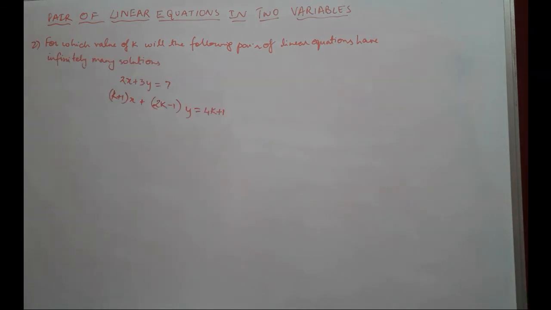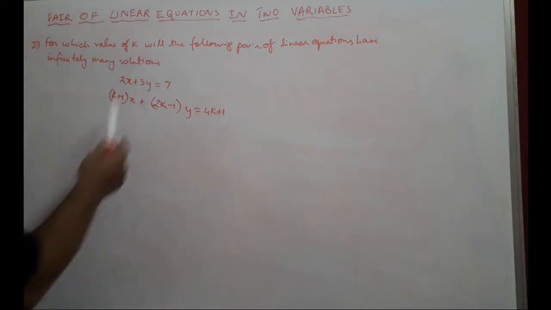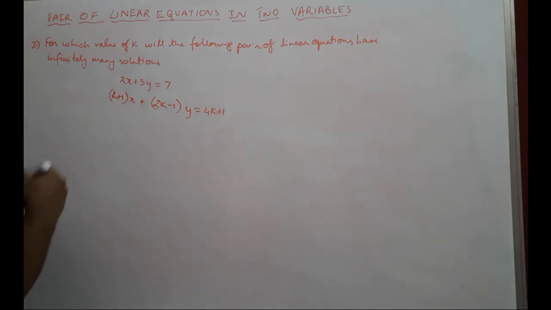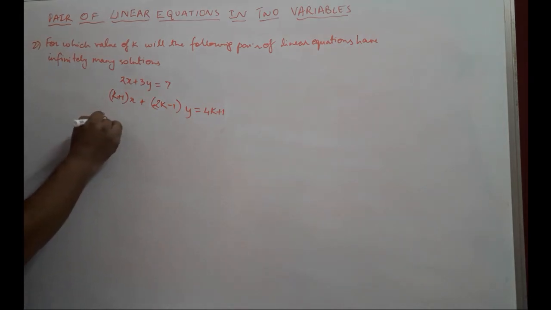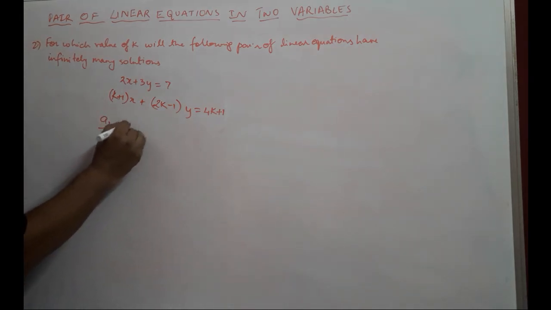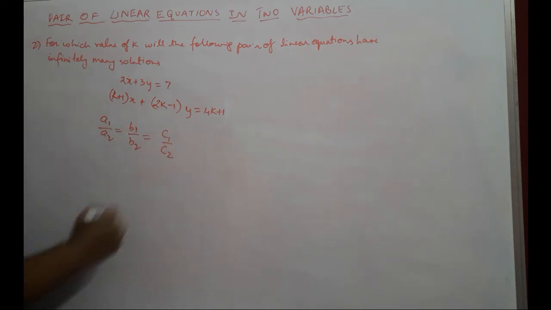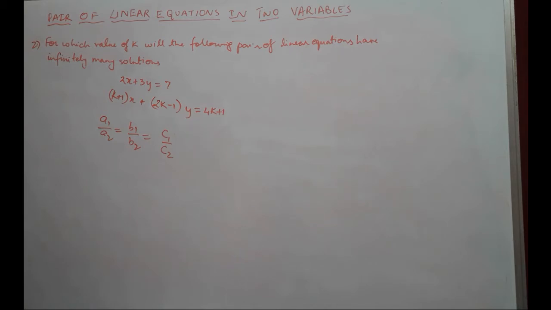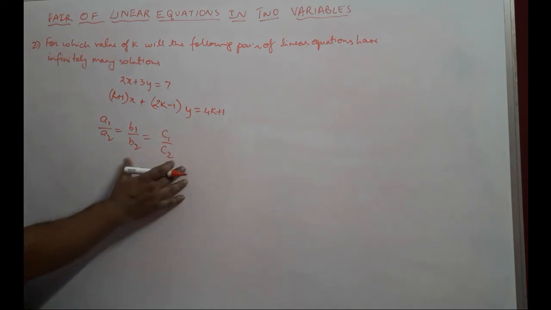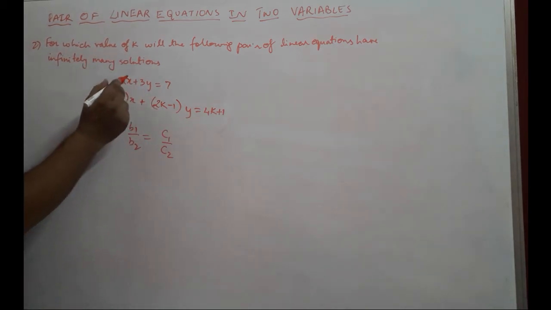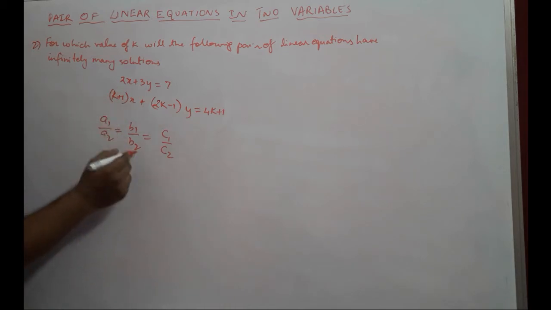So our next problem is, for which value of k will the following pair of linear equation have infinitely many solutions? So what is the condition for infinitely many solutions? a1 upon a2 is equal to b1 upon b2 is equal to c1 upon c2. That's how we get infinitely many solution, the condition. Now we'll have to list down what is a1, a2, b1, b2 and c1, c2.